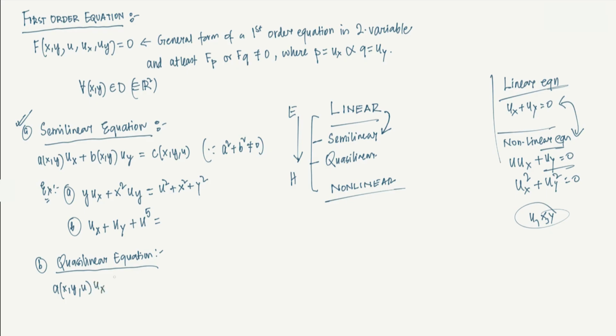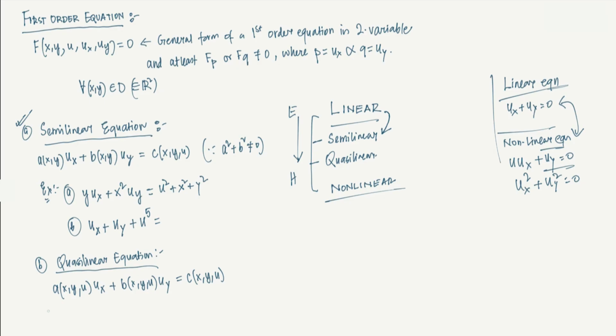So it should look like this: a of x y u times ux, plus b of x y u times uy, equals c of x y u. Now with respect to the highest order, the coefficient of ux or uy can contain u but not ux or uy. Is it okay? So essentially, if it looks like that, then we call it a quasi-linear equation.